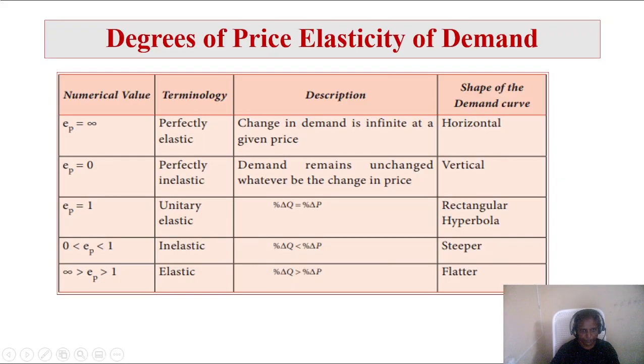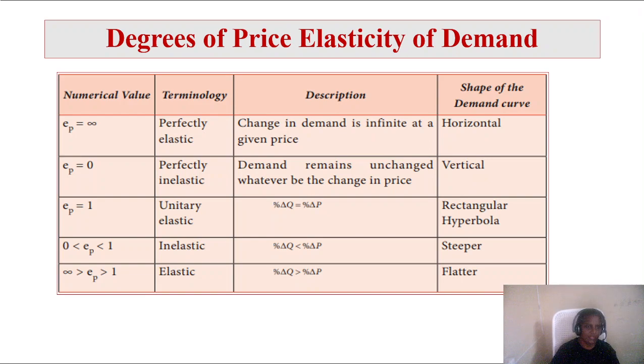Now you see what all the things we have seen: the levels or degrees of price elasticity of demand, with the help of symbols, numerical terms and diagrams. We are consolidating it and have written it here in a tabular column.